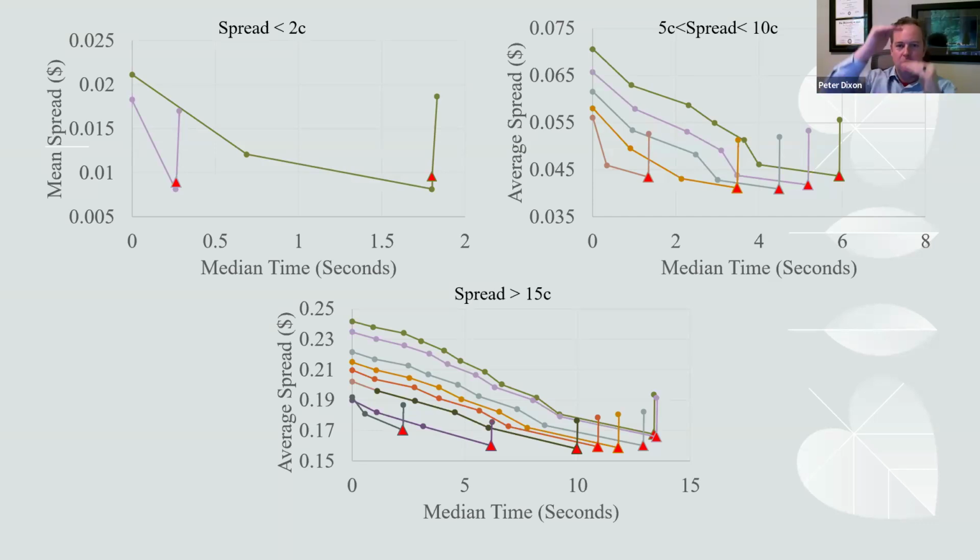So the opposite side of the market could be moving in lockstep with the run, which would be consistent with price updating. Or the opposite market could be staying flat, which would be consistent with a run. And we find that there's not a whole lot going on the opposite side of the market during these runs, which is consistent with the spreads on average narrowing by about 0.8 cents each step of the run.